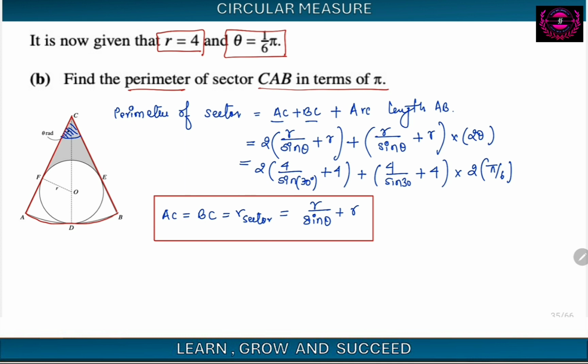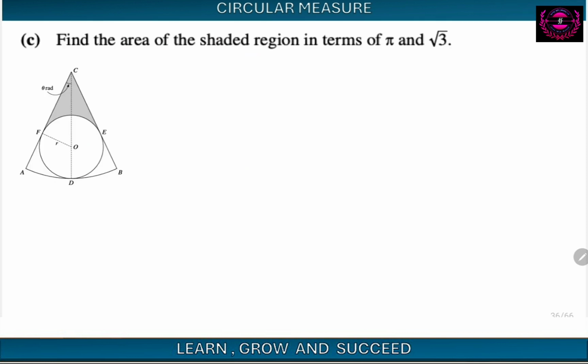Sine 30 is 1 by 2, which makes 4 into 2 is 8, 8 plus 4 is 12, 12 into 2 is 24, plus 8 times 4, which is 24 upon 6, is 4 pi. So this is our final answer in centimeters. Let's move to the next part.